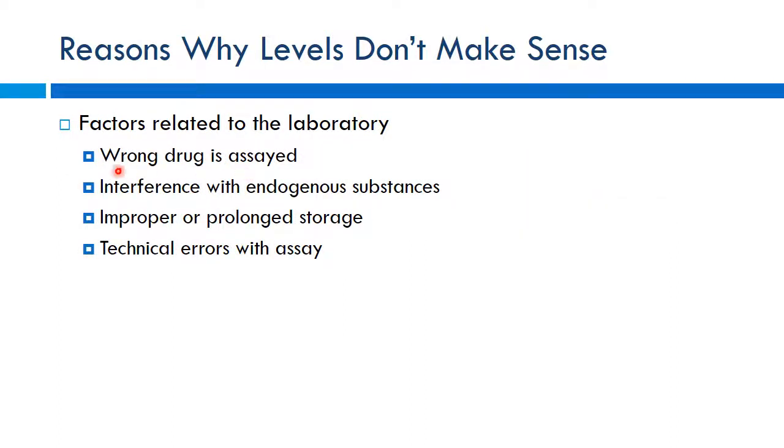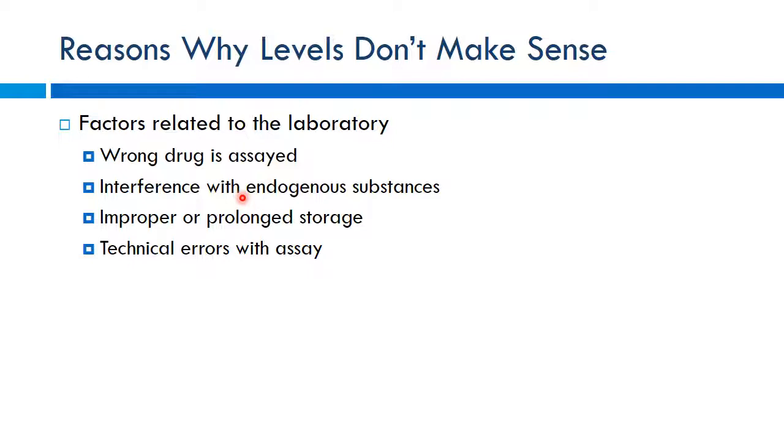So other things, was the wrong drug being assayed? So accidentally ran a test for phenobarbital when your patient was actually on phenytoin, right? Of course, that level will come back negative because that's not what the patient's taking. Sometimes you have interference with endogenous substances. This is actually interesting. Patients who are very critically ill and very stressed can release certain products that will cross-react with the digoxin assay.